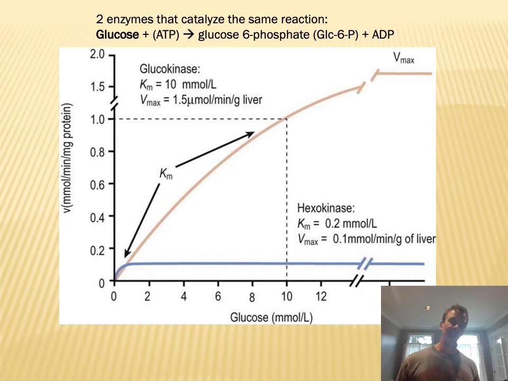In contrast, glucose kinase has a much larger Vmax of about 1.5 micromolar. Sorry, this is written wrong. This should be millimolar. So it has a much higher Vmax, and the Km is much higher as well, about 10 millimolar.